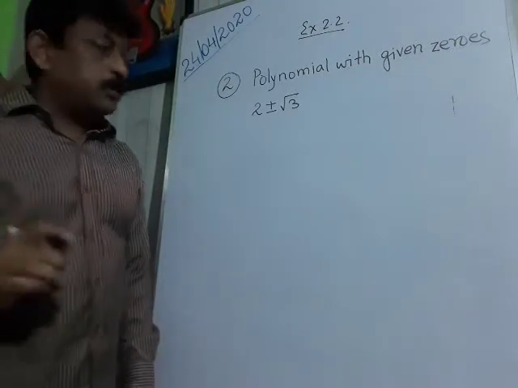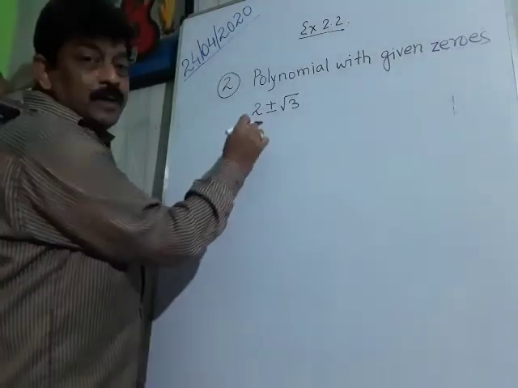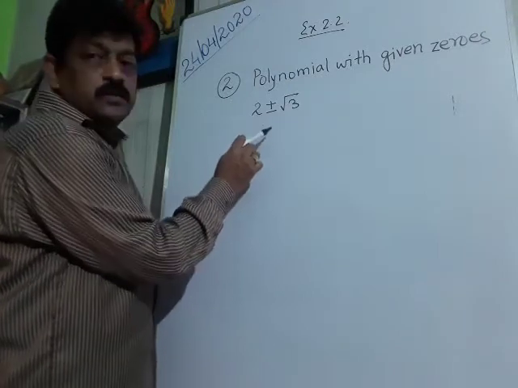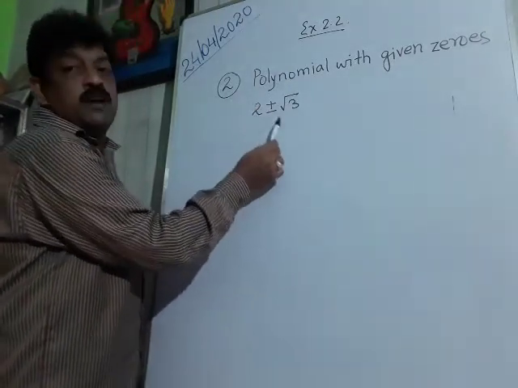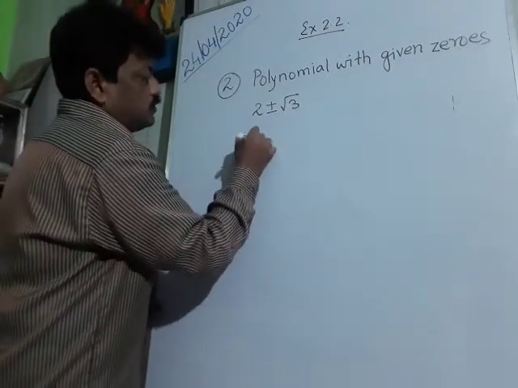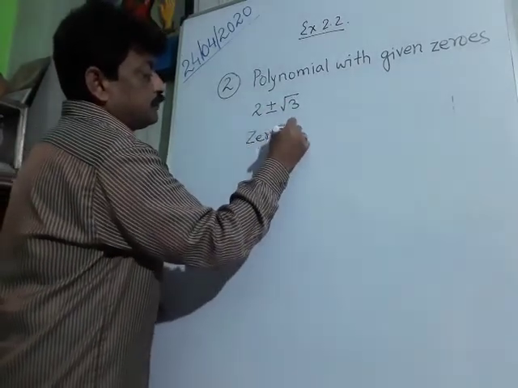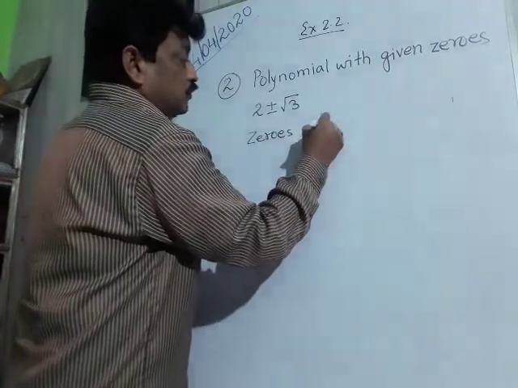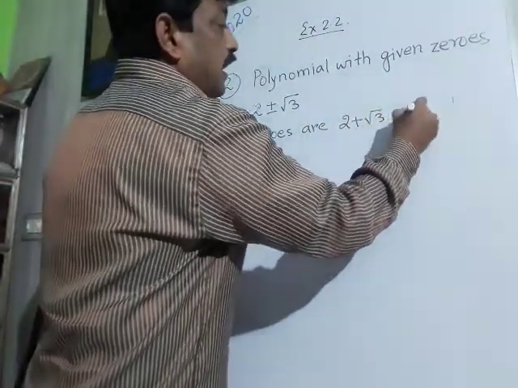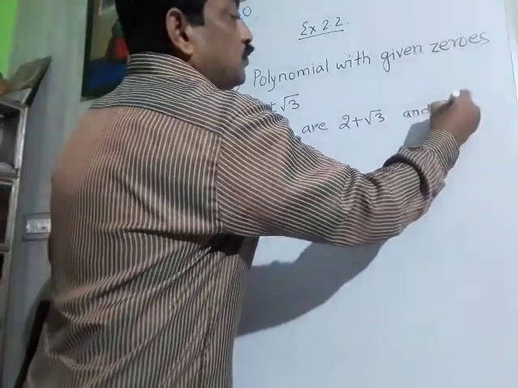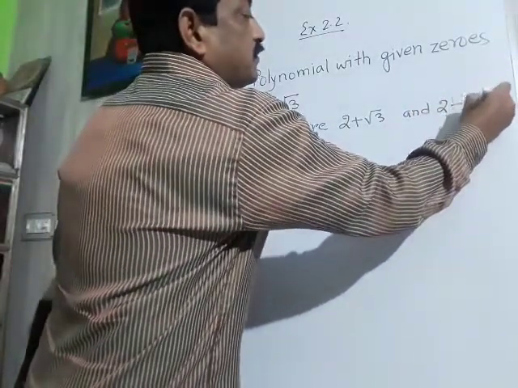We have to find the polynomial. So it is quite clear that one of the zeros is 2 plus root 3 and another is 2 minus root 3. So the zeros are 2 plus root 3 and 2 minus root 3.